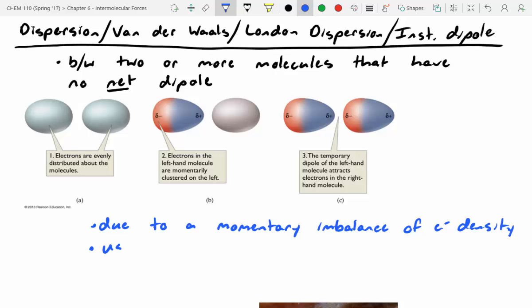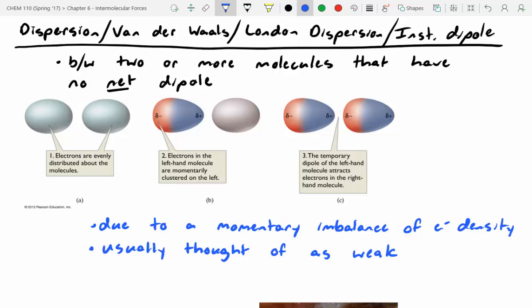And I'll say it's usually thought of as weak. However, I really don't like that textbooks teach it that way because it depends. It depends on the size of your molecules. If you've got a ginormous molecule, those London dispersion forces or van der Waals forces can actually be quite strong.